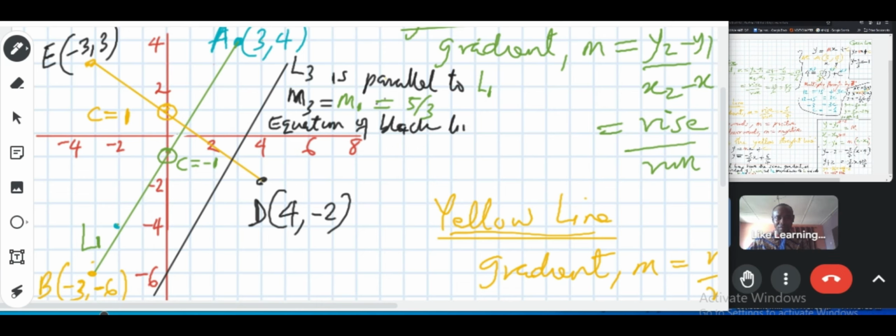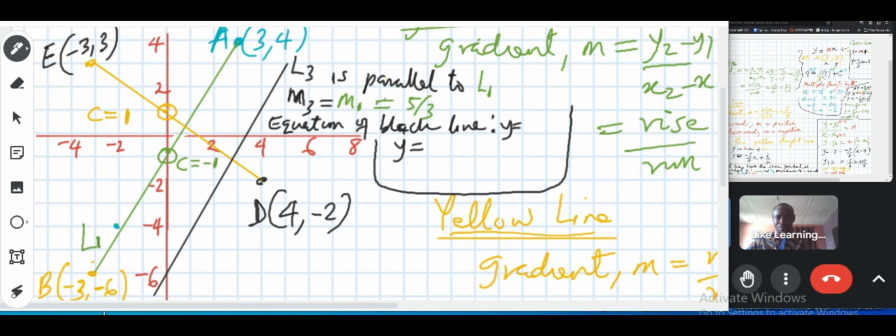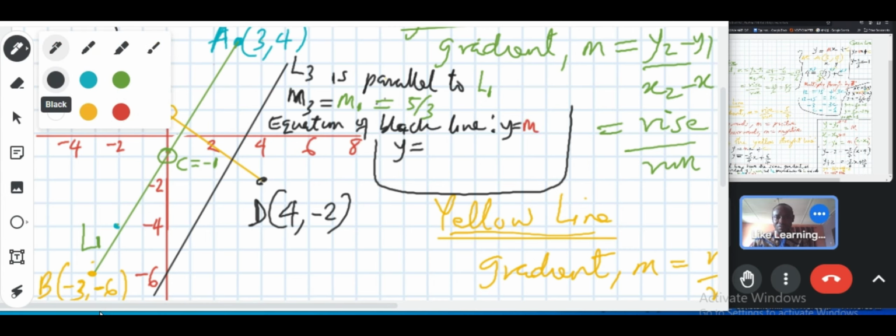Equation of black line. y equals 5/3x plus... that's correct. You're using the general equation of a straight line, y equal to mx plus c.